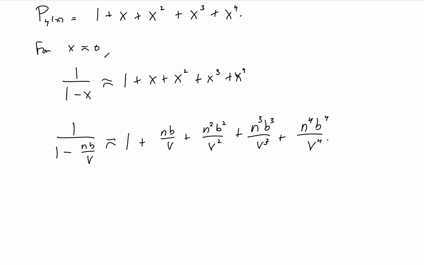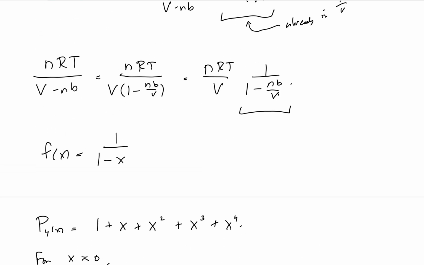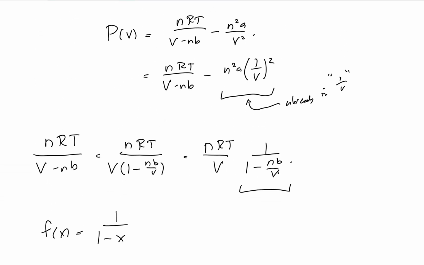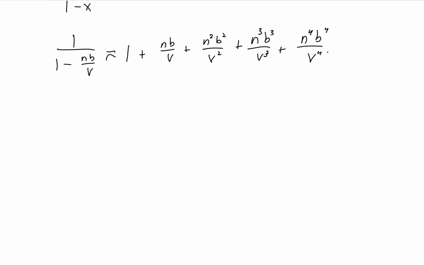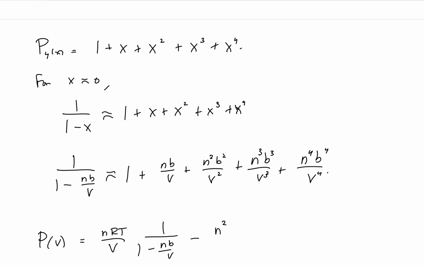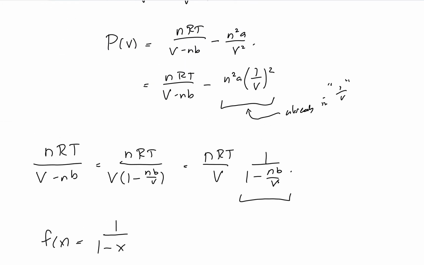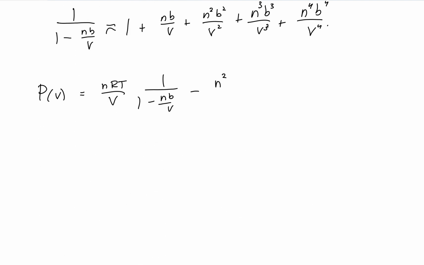So now let's go ahead and plug that into this equation above here. And so I get P of V is approximately nRT over V. Well, let's just put the equals here first. 1 over 1 minus nb over V minus this n squared a over V squared.